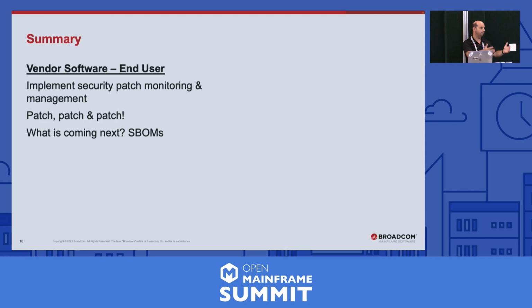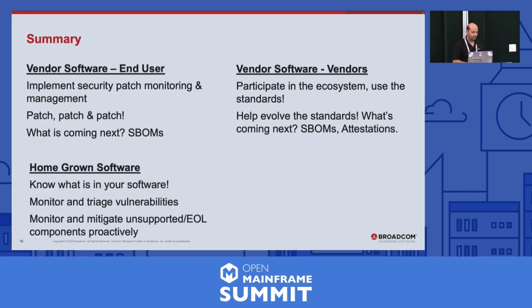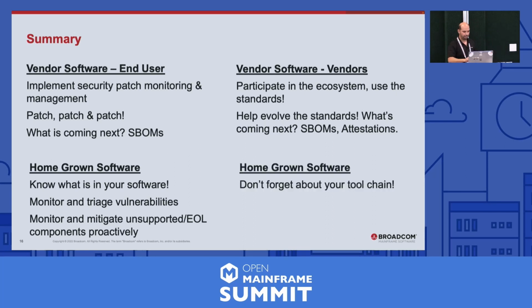You're going to see that from all the vendor software that you utilize. Vendors participate in the ecosystem, use the standards that exist, help evolve those standards. Homegrown software, again, find out what's in your software. Monitor and triage vulnerabilities, monitor and mitigate unsupported end-of-life components proactively, not after vulnerabilities come out. And then, again, homegrown software, don't forget about your tool chain.